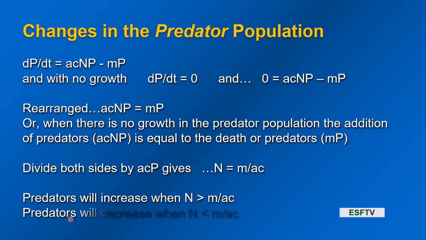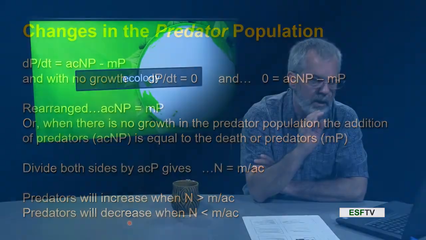Predators will decrease when you have less prey production than the mortality, and therefore the mortality overrides the production of the prey, and there's not enough prey to feed AC, to feed the predator population, and so the predators will decrease. All right, if you're not following directly, go back and review it, look in the book. It's all very logical.